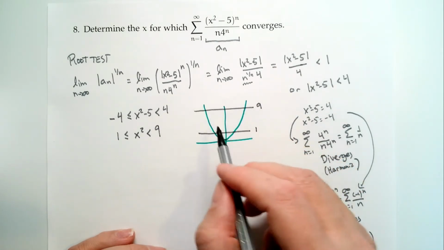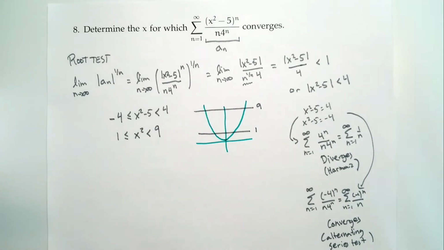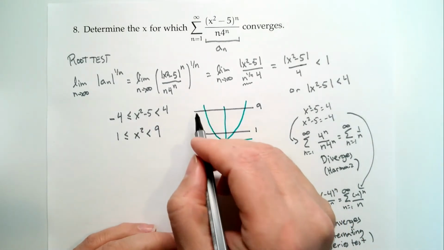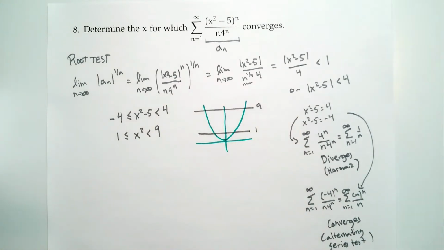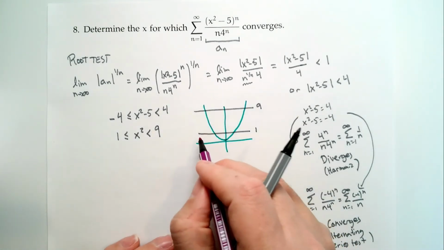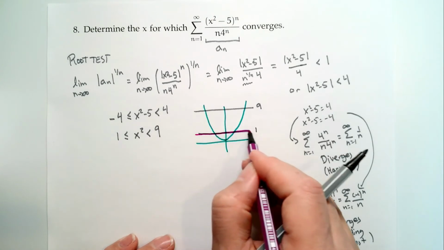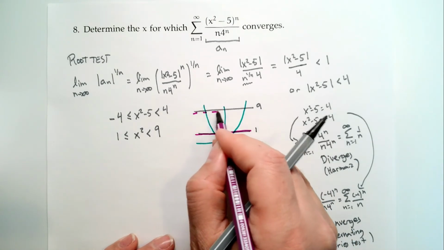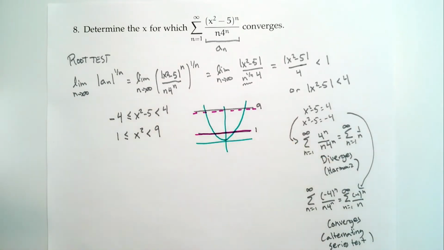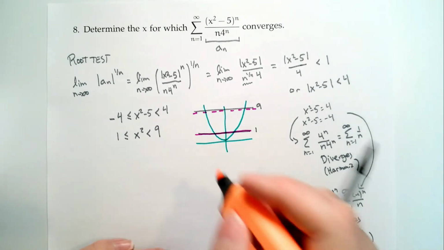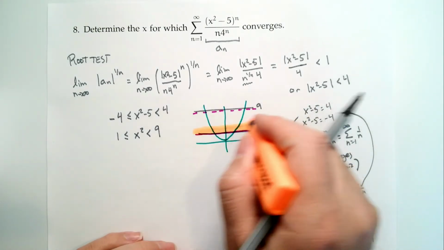Now, that says I really want to be in this range, but I should be a little bit more explicit here. So I'm going to switch my colors for just a second and say this line, solid, and this line, dotted. So the question is, when does x squared land in between these places here?